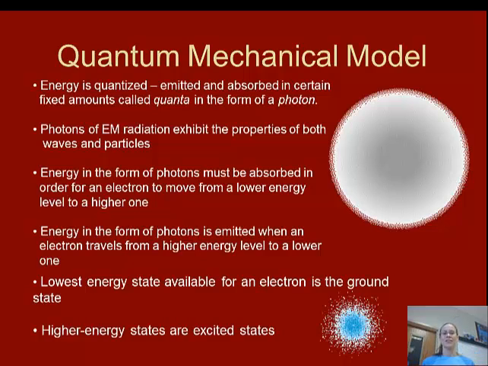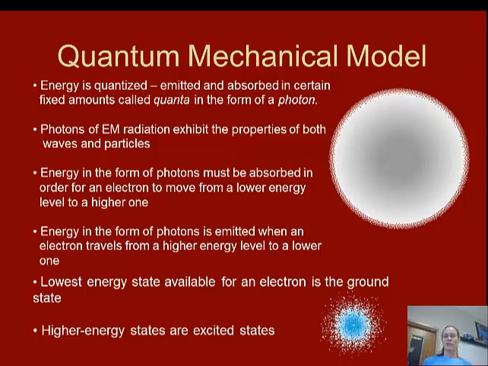The particle of light, or the carrier for that electromagnetic energy, is known as the photon, and photons of that radiation exhibit properties of both waves and particles. This is what Einstein won his Nobel Prize for in his studies of the photoelectric effect, this ability of light to behave as a wave and also as a particle. So we'll see that that plays a big role in the quantum mechanical model here.